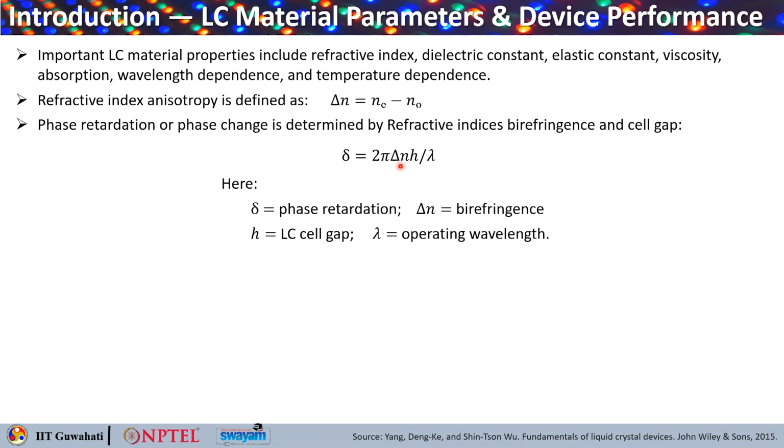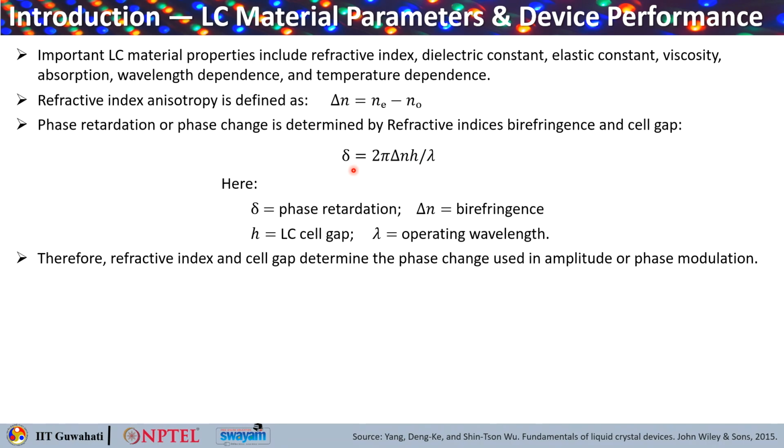So if you know these two parameters, and you also know the operating wavelength lambda, you can calculate the phase change delta as 2 pi delta n d by lambda. So delta is the phase retardation. So the refractive index and the cell gap basically determine the phase change that is used in amplitude or phase modulation.